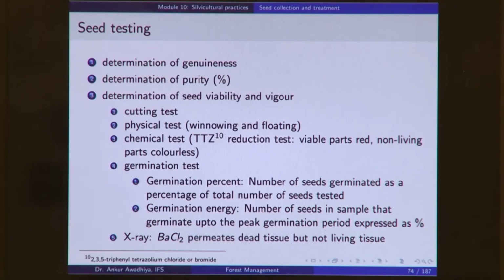So, during the testing phase we want to know if all these seeds are actually Dendrocalamus strictus or whether they belong to some other species.